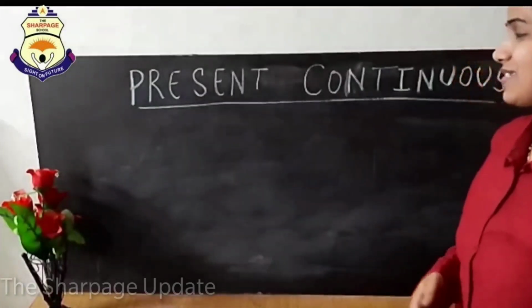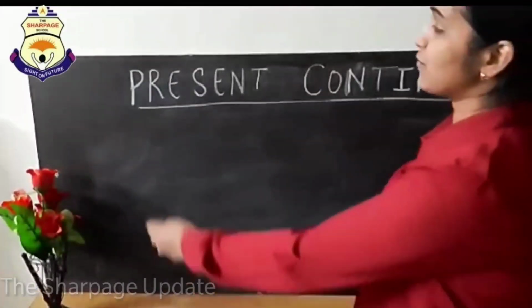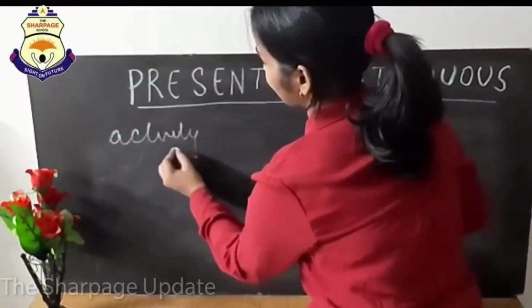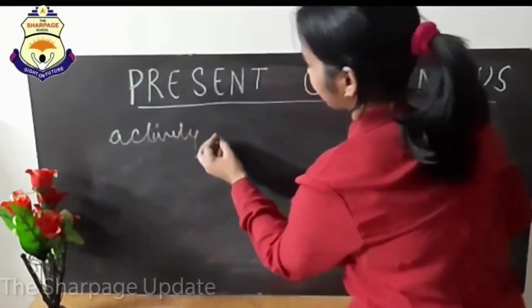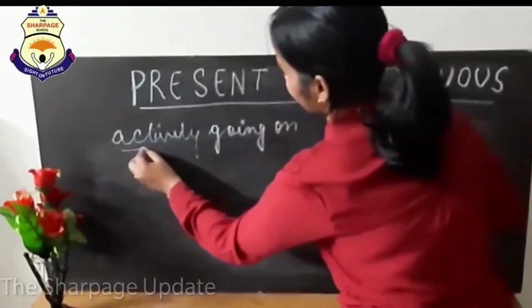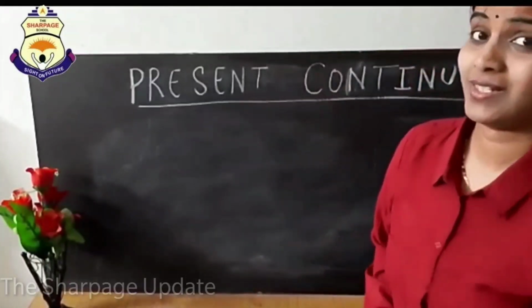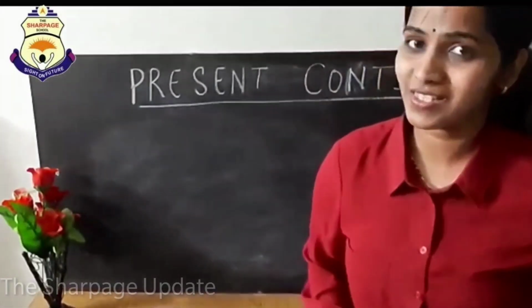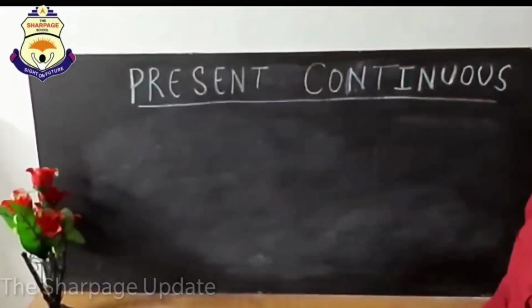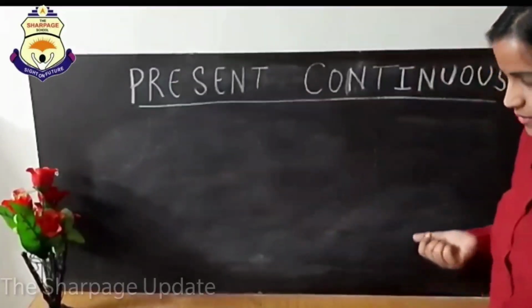Now, let's start present continuous. It's very easy. Activity going on. So, an activity going on at present is called present continuous. When any activity or any action is in motion at present time, it's present continuous. So now we will learn how to make sentences in present continuous.